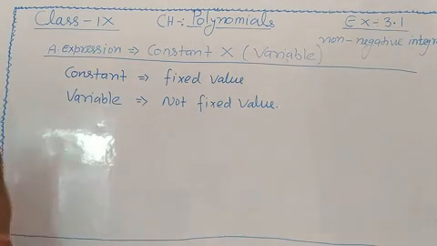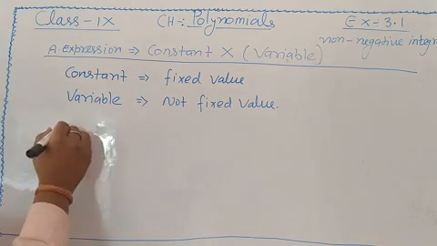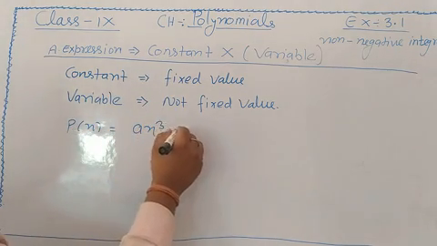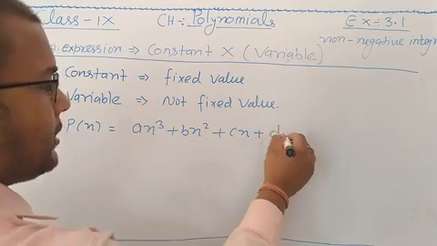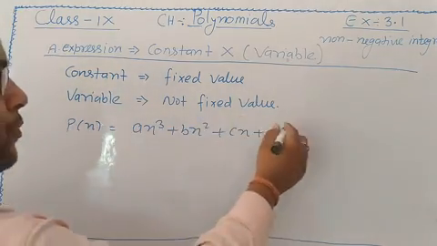For example, a polynomial is denoted by p(x) = ax cubed + bx squared + cx + d. This is known as a polynomial. Which type of polynomial?